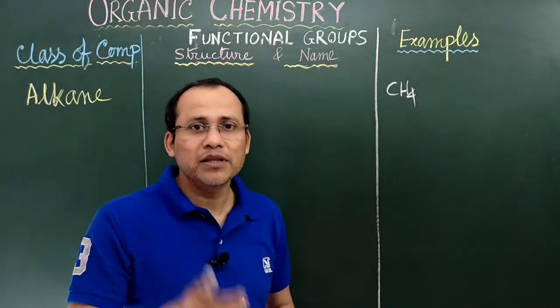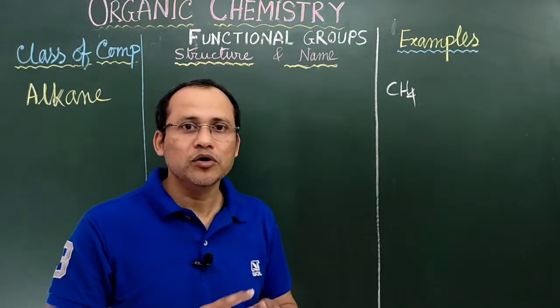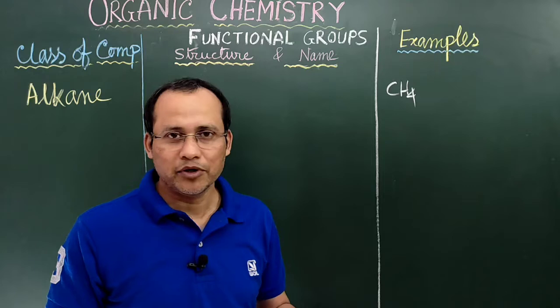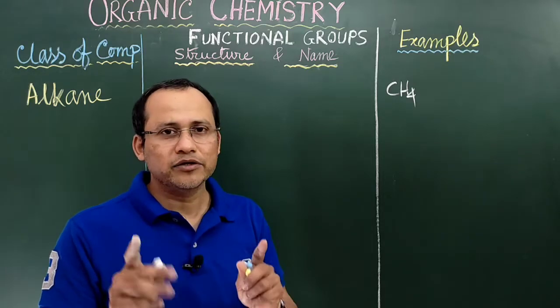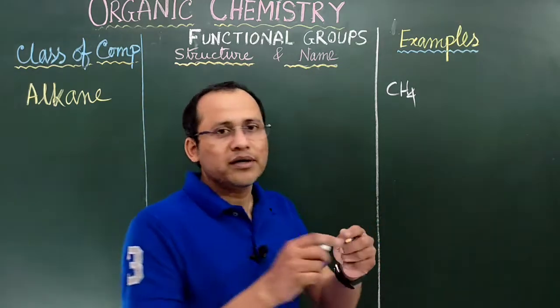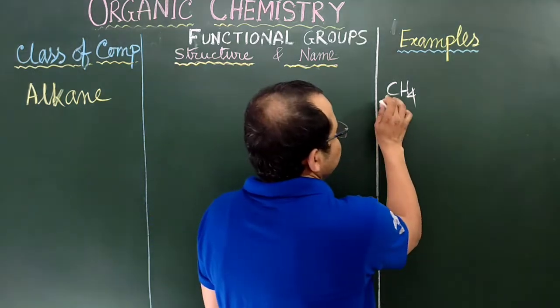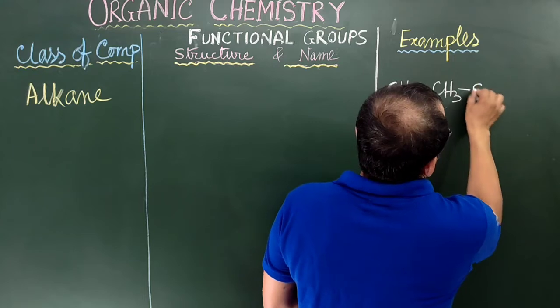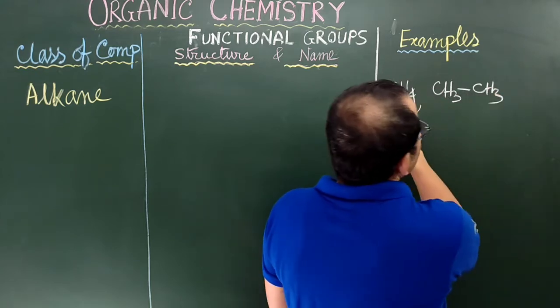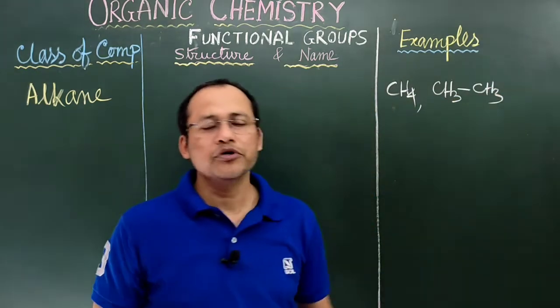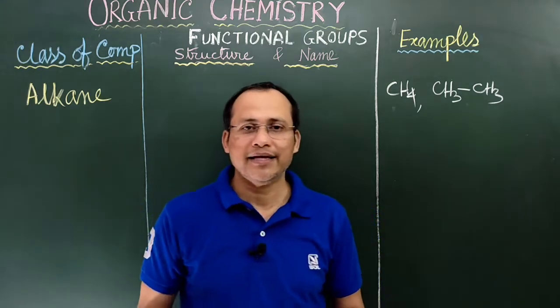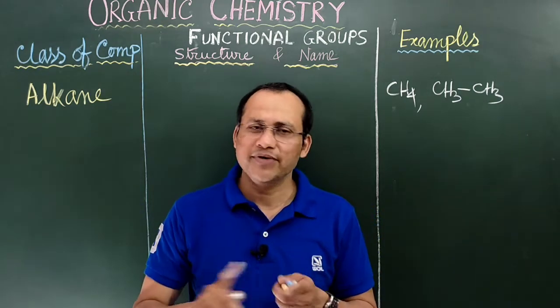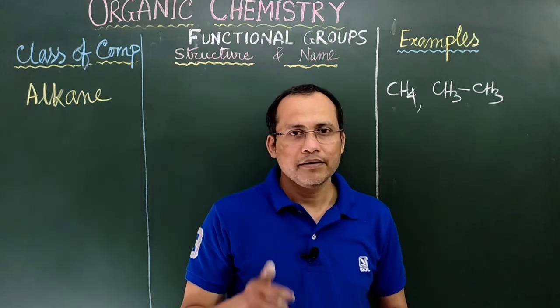This is a simple hydrocarbon having no complexity. No multiple bonds are there, only simple carbon hydrogen single bonds or carbon carbon single bonds, like this one. Another example is CH3-CH3. This is methane, this is ethane. So in this way we have saturated hydrocarbons, alkanes, where no specific functional group is there.